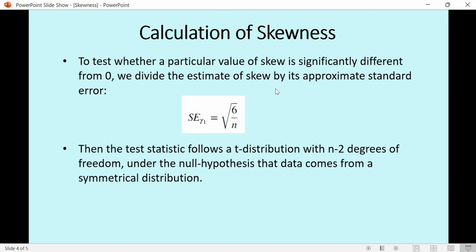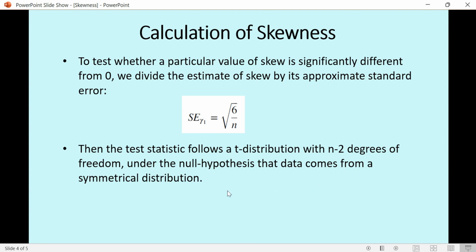We use the skewness minus 0, divided by its standard error. For a sample, the standard error equals the square root of 6 divided by n, the sample size. This statistic follows a t-distribution with n minus 2 degrees of freedom if the null hypothesis is true.